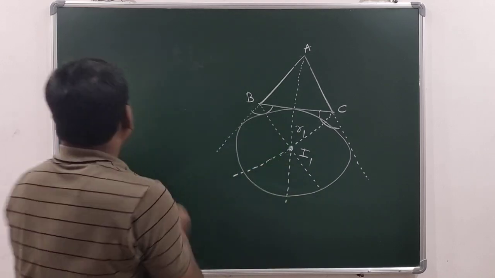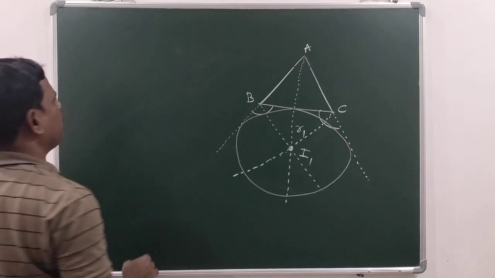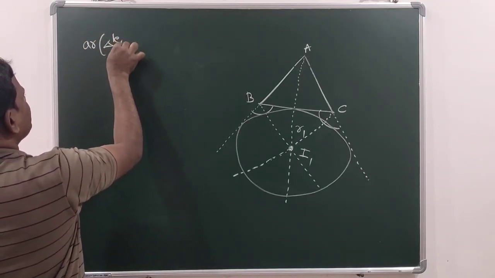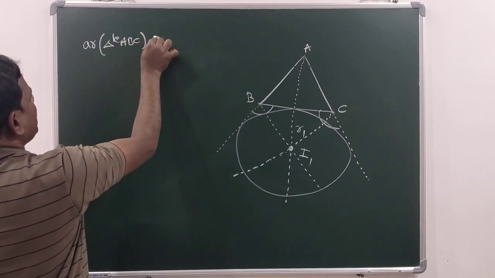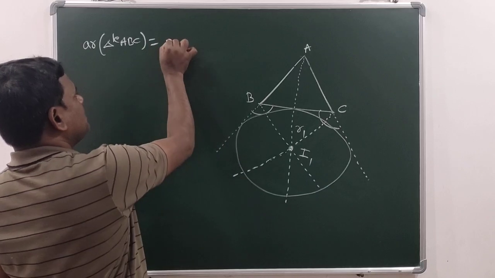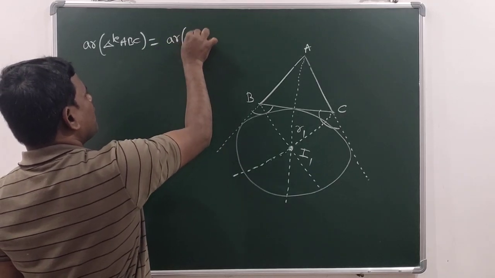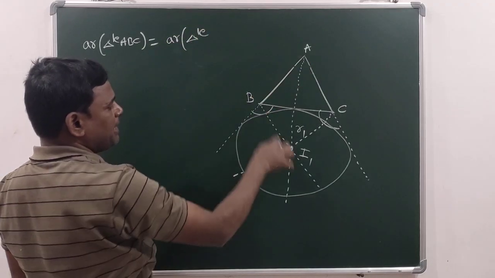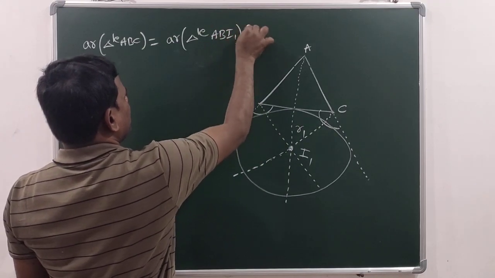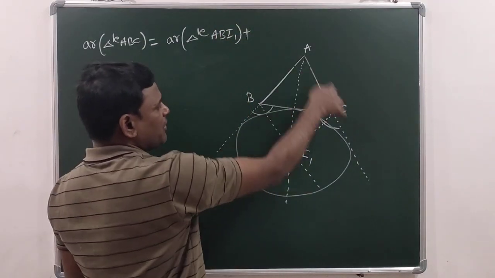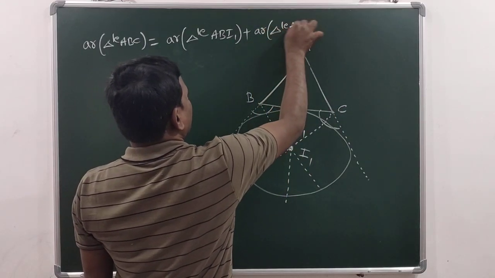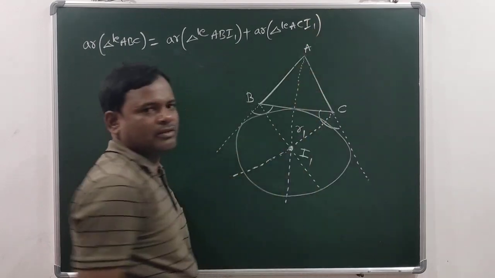For that, observe what I am going to do here. Now area of triangle ABC can be expressed as area of triangle ABI1 plus area of triangle ACI1.